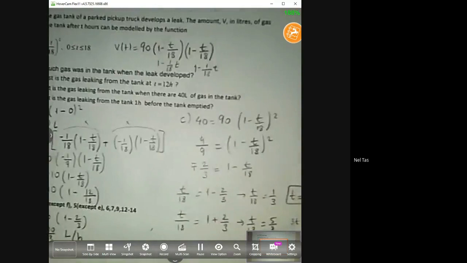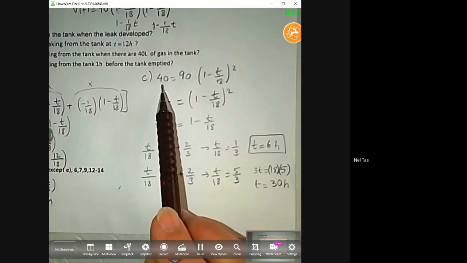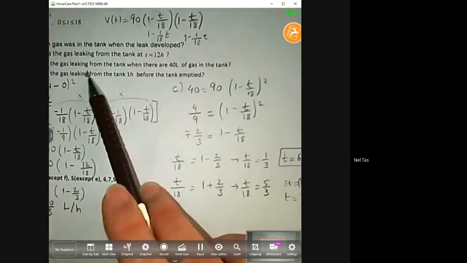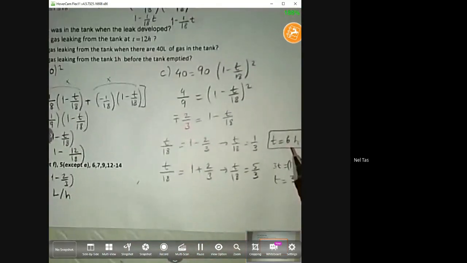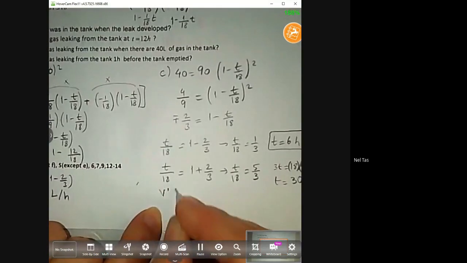So this means after 6 hours, so the start amount was 90 liters, after 6 hours there are 40 liters left in the tank. So now we want to know how fast was gas leaking at 6 hours. So we're going to substitute 6 in the derivative function.